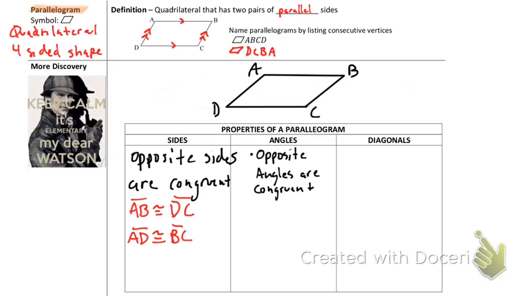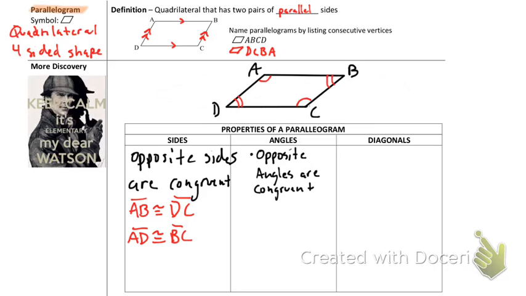What that looks like is this: angle A is opposite angle C, so angle A has the same measure as angle C, and angle D has the same measure as angle B.